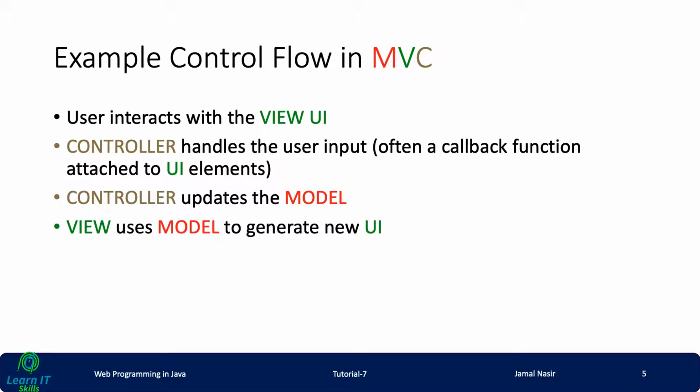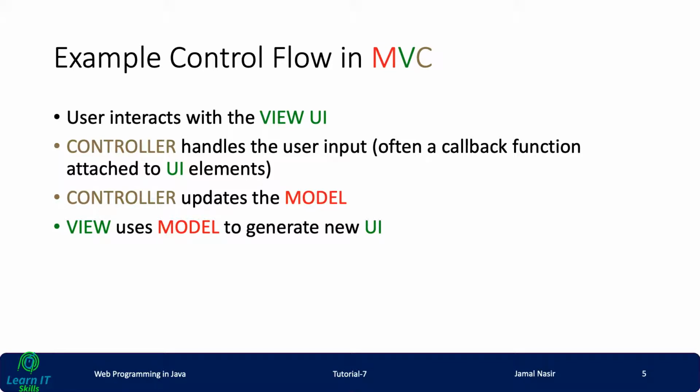Just like on Facebook, when you log in, you provide username and password, and then this information goes to the controller, and if that information is correct, then it will update the model, and technically that model would contain all the information of your account, your friends' information, right, your timeline information.